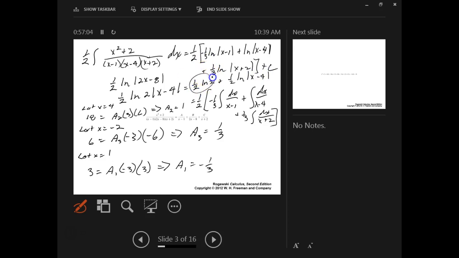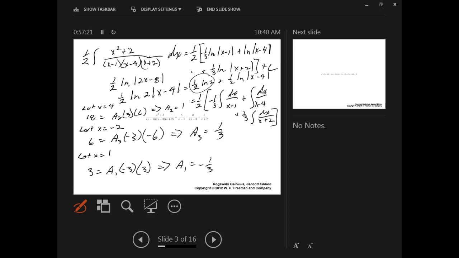But guess what? 1/2 log 2 is just a constant, so that's incorporated into our constant. So yeah, they're the same answers. Even though they look different, they are the same.